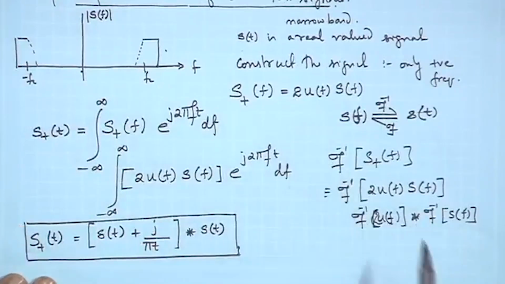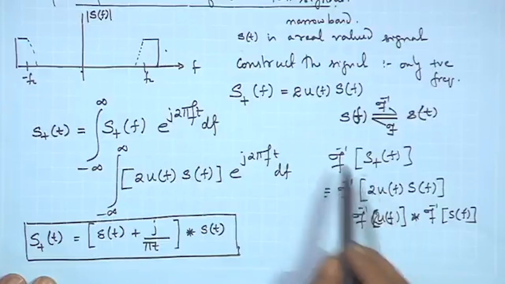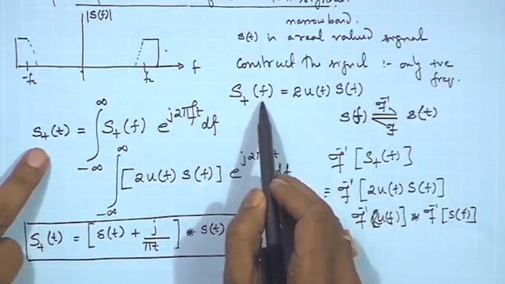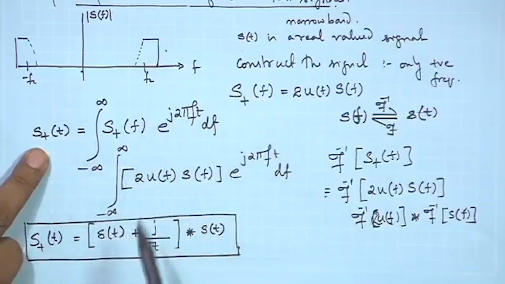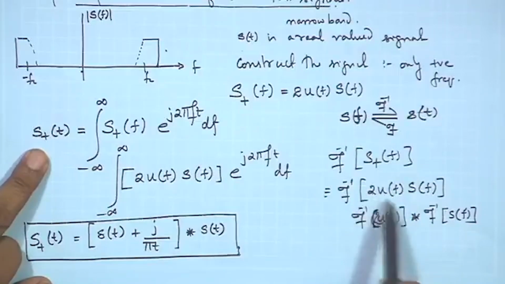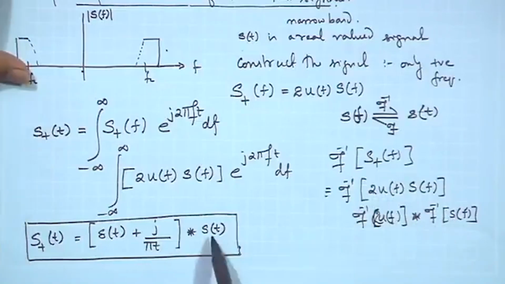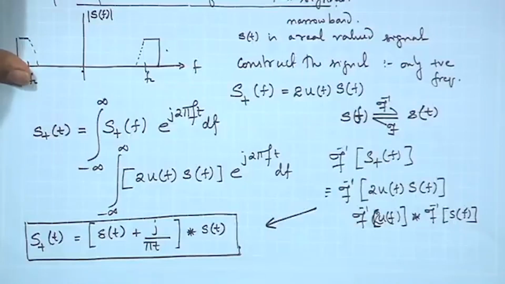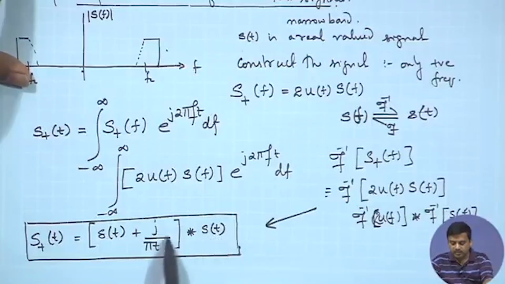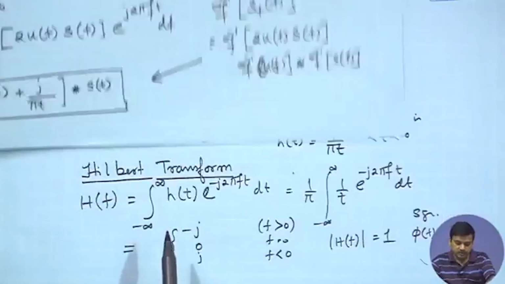When we took the inverse Fourier transform of S plus of f, we broke it down into factors. This factor we had derived earlier, this we simply write as S of t, and we found that it is S t plus j times some convolution with S of t, which we write as the filter known as the Hilbert transform with the impulse response 1 upon t, which we described.